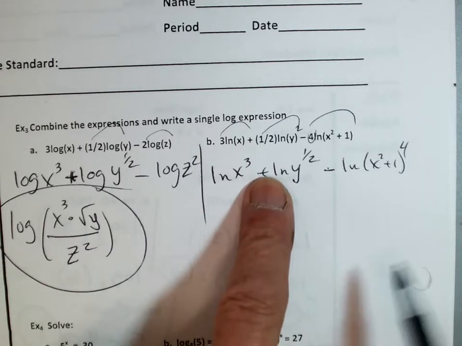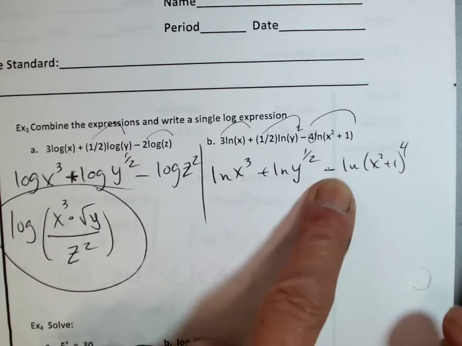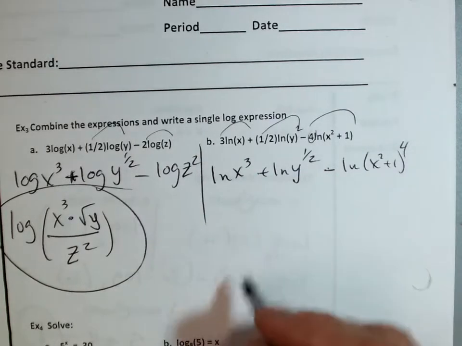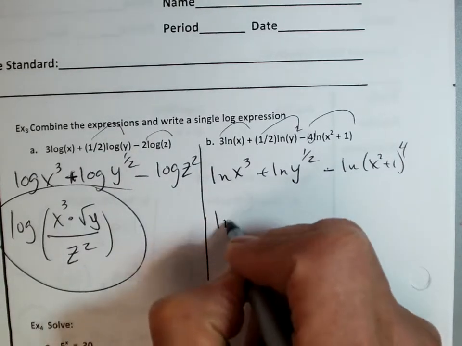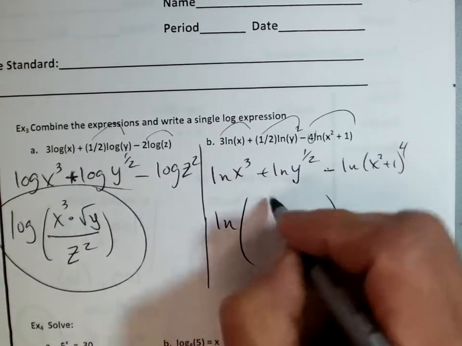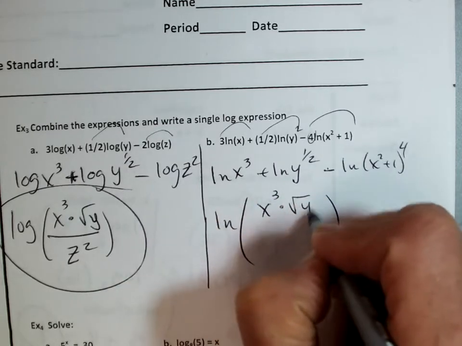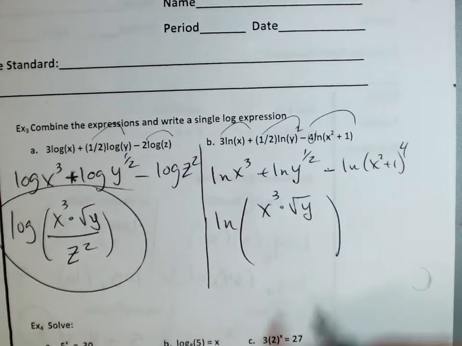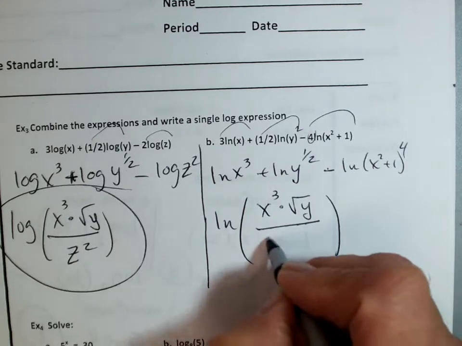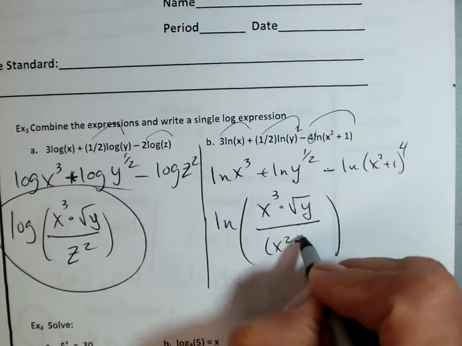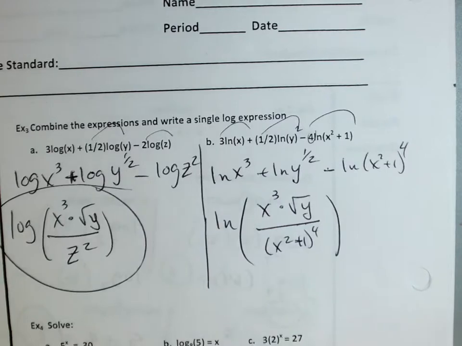If you see plus, multiply. If you see subtract, divide. So as a single log, I'm going to go ln of, let's see, of what? Of x cubed times square root of y. Nobody's bothered by that, right? All over x squared plus 1 to the 4th power.